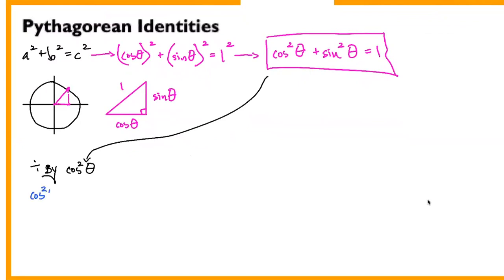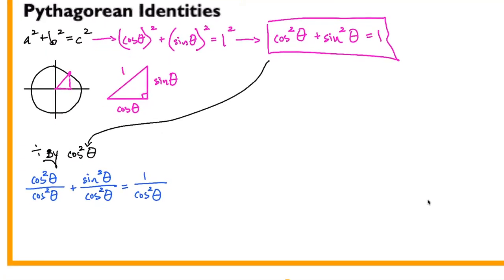Cosine squared theta divided by cosine squared theta plus sine squared theta divided by cosine squared theta equals 1 over cosine squared theta. Okay, so I took every term in the pink Pythagorean identity and I divided every single term by cosine squared.